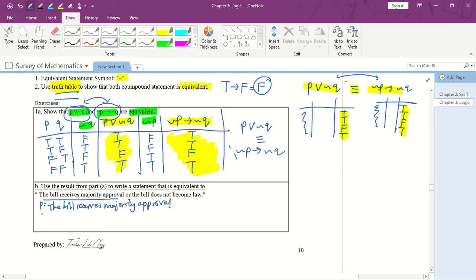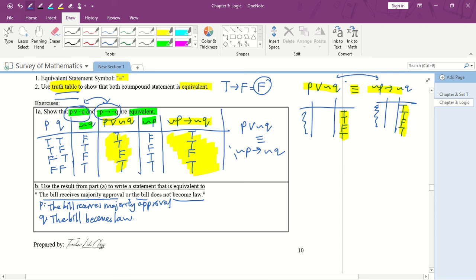And we can do the next one, Q. The bill does not become law. And remember, does not means negation, so we will not include negation in our simple statement. So we write the bill becomes law.